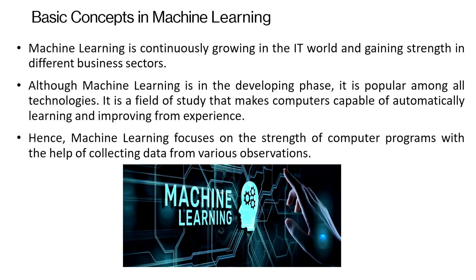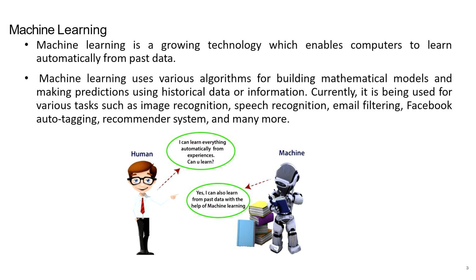Machine learning is continuously growing and gaining importance in different business and technology sectors. The main idea is very simple. Instead of explicitly programming every rule, we allow the machine to learn the rules and patterns from the data. Now, let us understand the basic definition of machine learning.